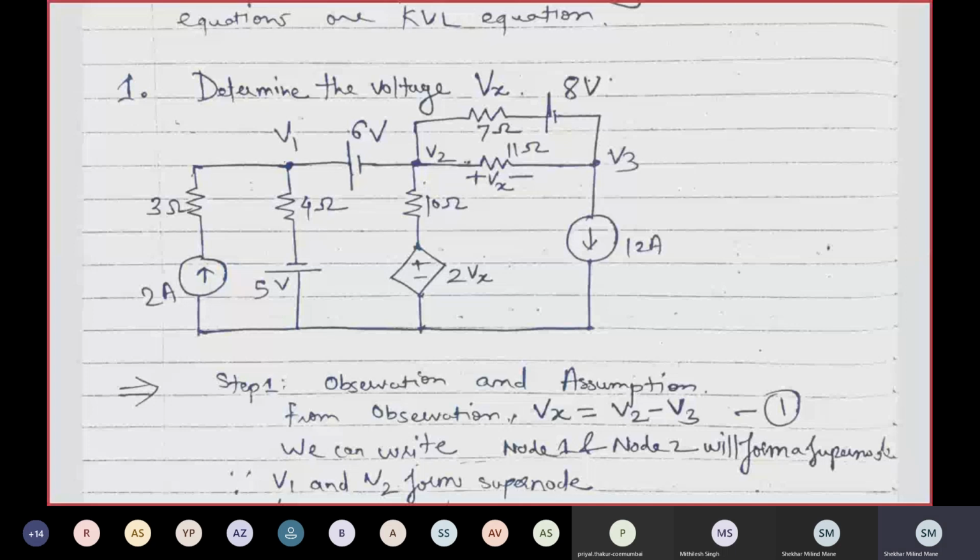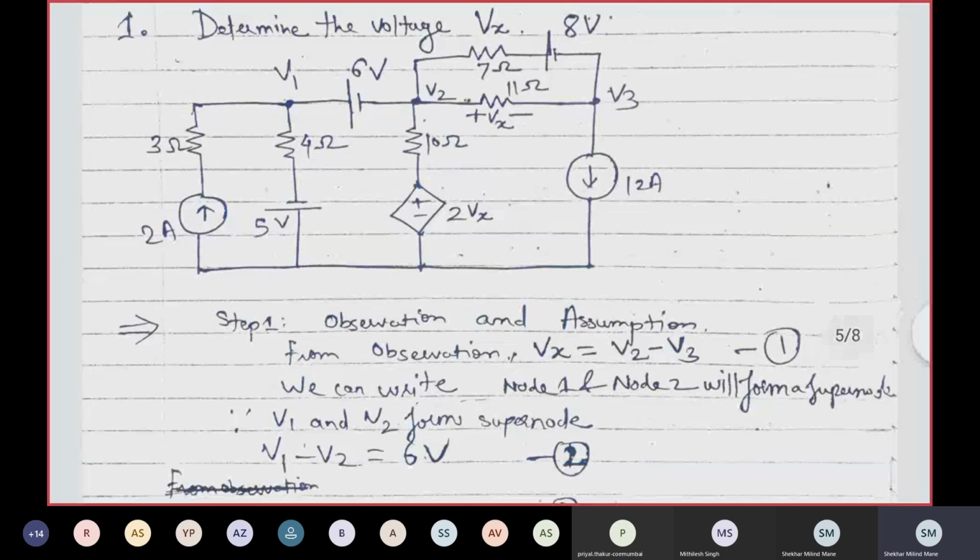So our first step is always observation and assumption. From this observation, we have to write the value of the control voltage. Here the control voltage is Vx, and the dependent source is 2Vx.